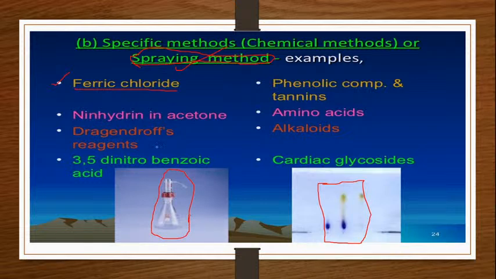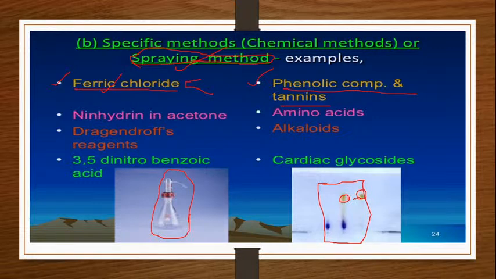When sprayed on a paper chromatogram that contains phenolic compounds and tannins, these get highlighted by their interaction with the ferric chloride, and you will get yellowish spots on the paper chromatogram.